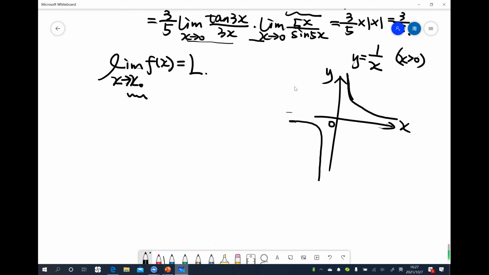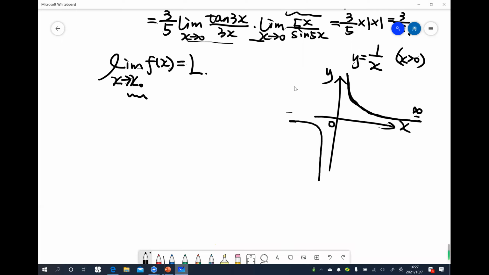as x is larger than 0, x can be bigger and bigger and bigger to enough large, right? So here we call it infinity. You should remember one thing: infinity, this symbol, does not represent any number.